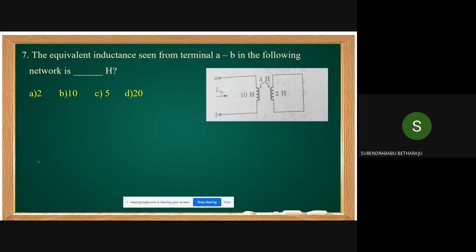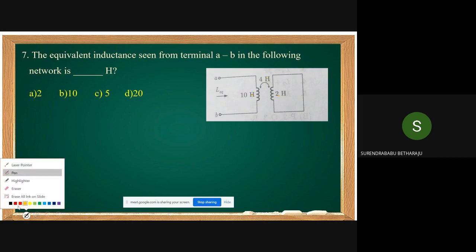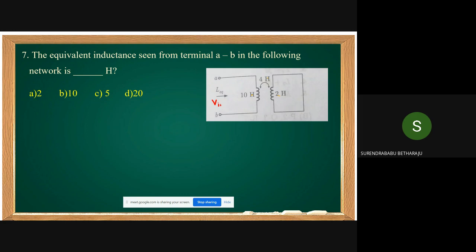See, let the input voltage be Vin, students. Then how to write Vin? Let the current in this loop be I1, and here the current is I2, because it is shorted.